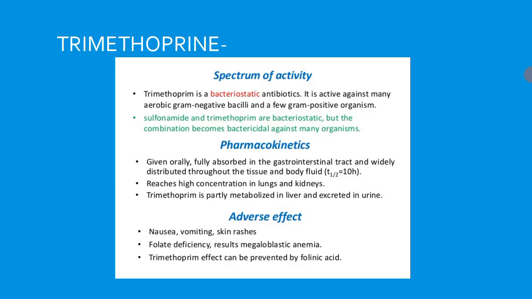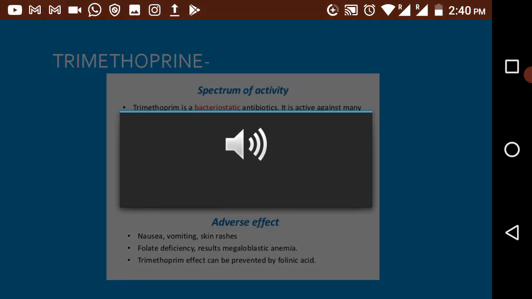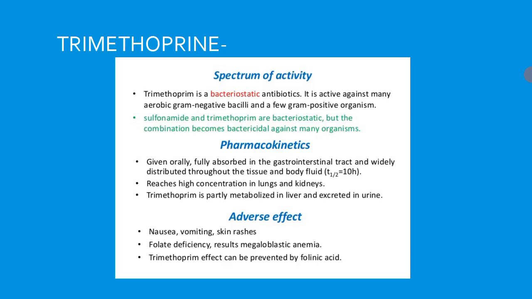Now we will see what is its spectrum: broad spectrum or narrow spectrum. So trimethoprim is a bacteriostatic antibiotic. It is active against gram negative as well as a few gram positive bacteria. So it comes under wide spectrum, broad spectrum antibiotics.